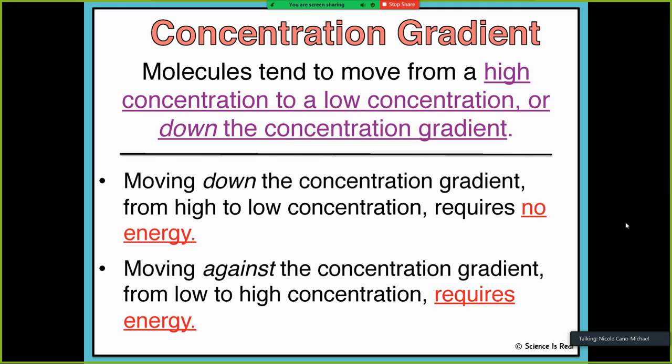But if you are moving against the concentration gradient, if you are trying to go from low to high, it requires energy. Okay? And this is, again, my favorite analogy is about water. So, water naturally will flow from the top of the mountain, down the mountain, to the rivers and the seas, right? Now, does that mean that we can't pump water up to the top of the mountain if somebody decides that they want to put in, like, I don't know, a cabin or something?